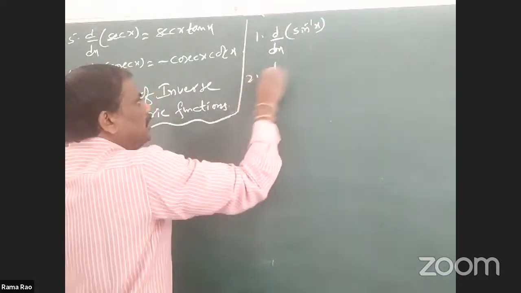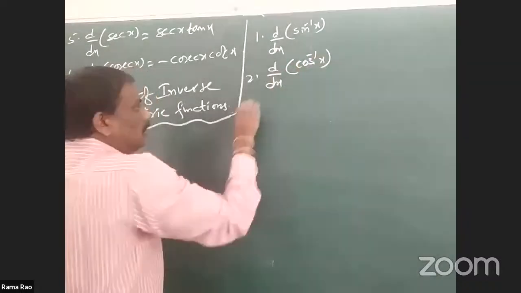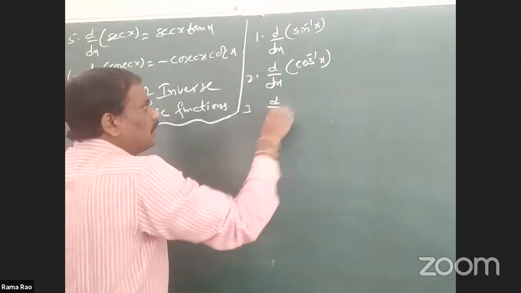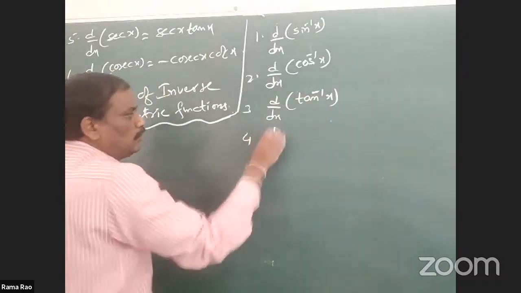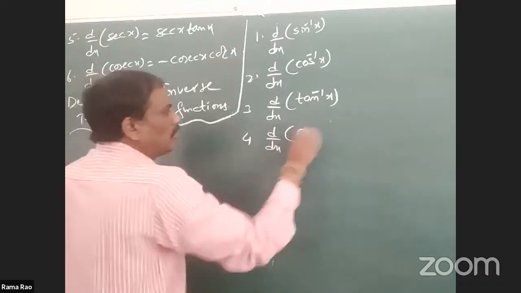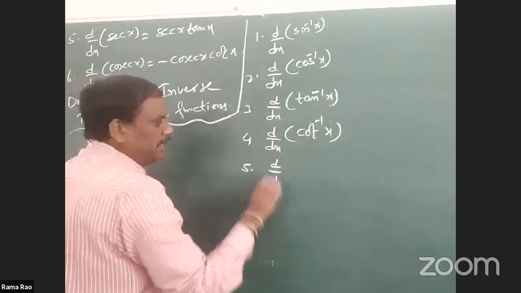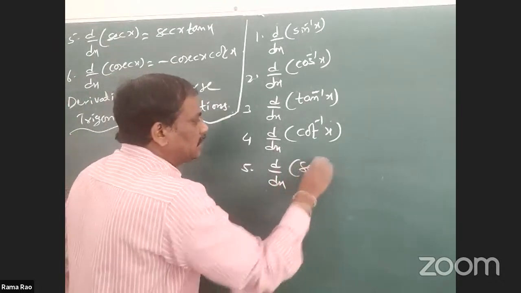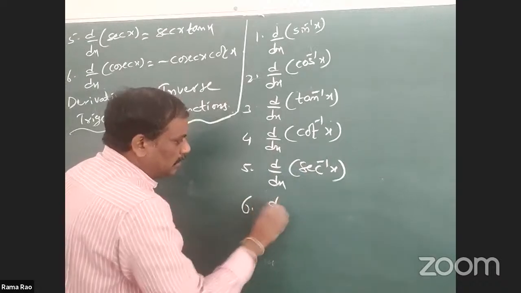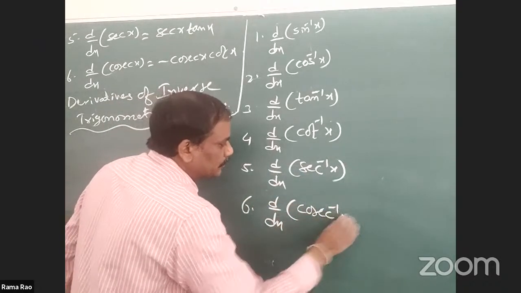Number 2, d by dx of cos inverse x. Third, d by dx of tan inverse x. Fourth one, d by dx of cot inverse x. Fifth one, d by dx of sec inverse x. Sixth one, d by dx of cosec inverse x.